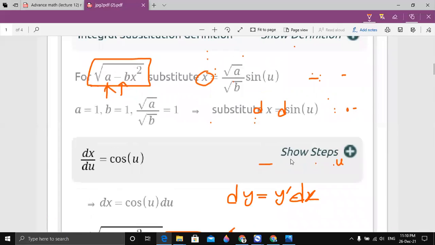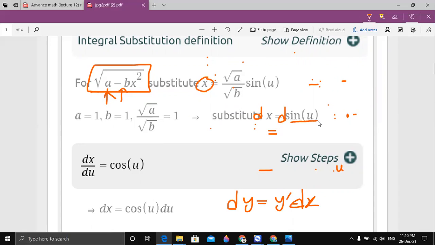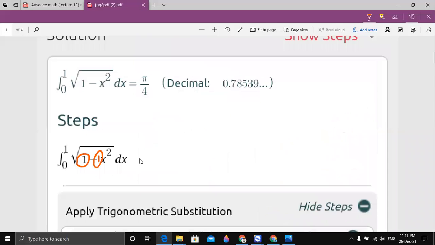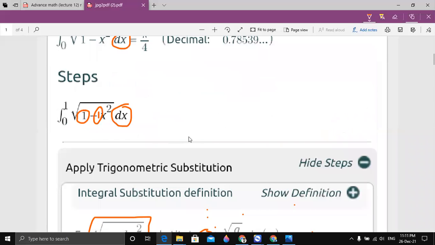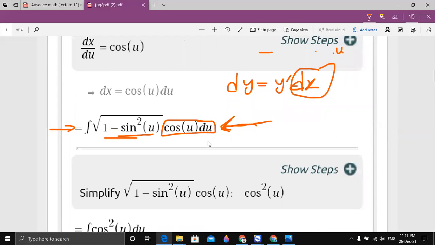The derivative of sine u is cos u, and then we write du. So cos u du is the dx value. So instead of dx in our main function, we write cos u du.